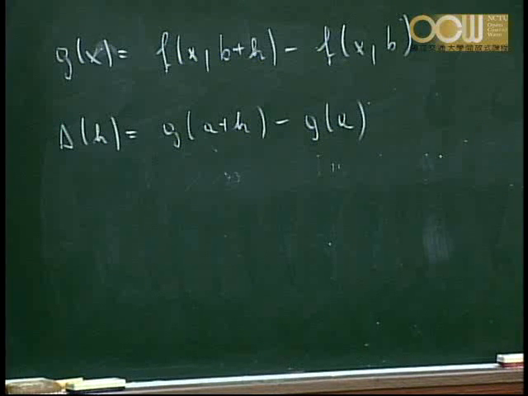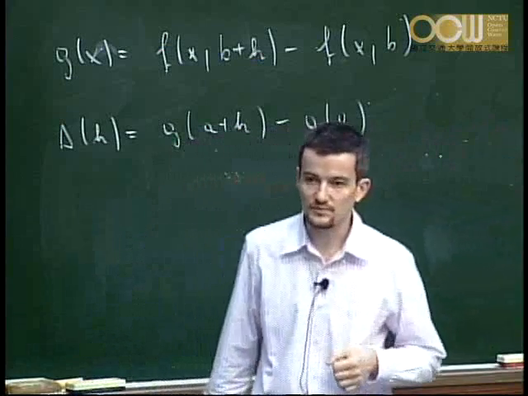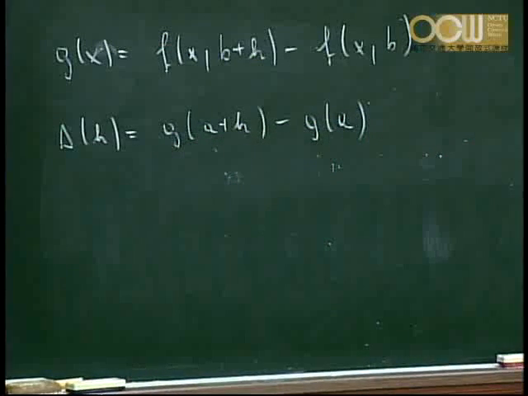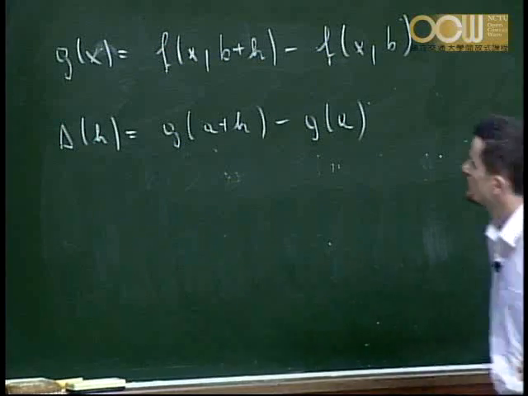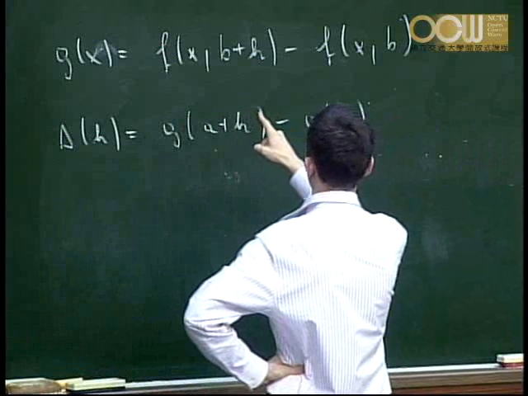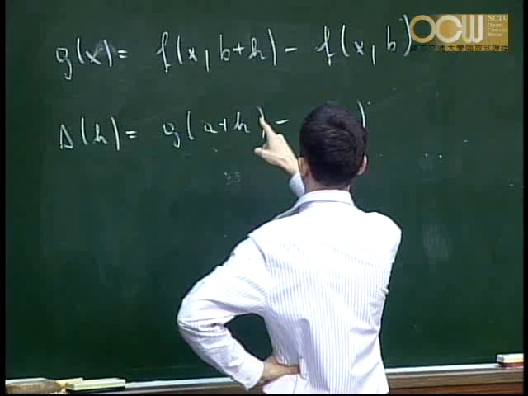Okay, now what we do is we use the mean value theorem here, and of course, if we use the mean value theorem, we have to explain why we are allowed to use it.